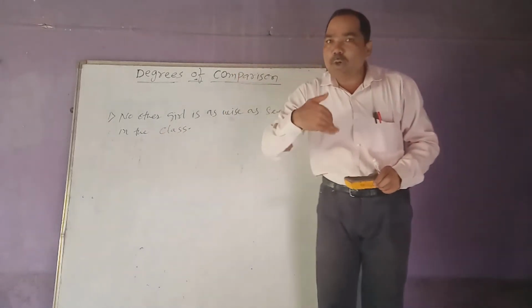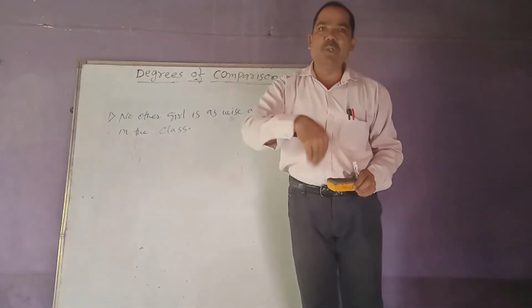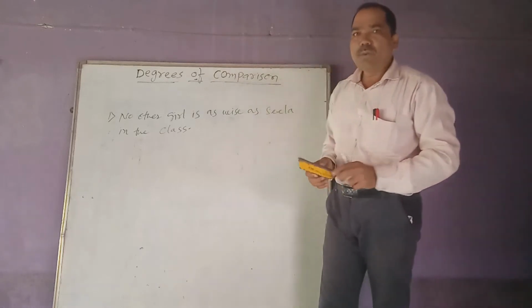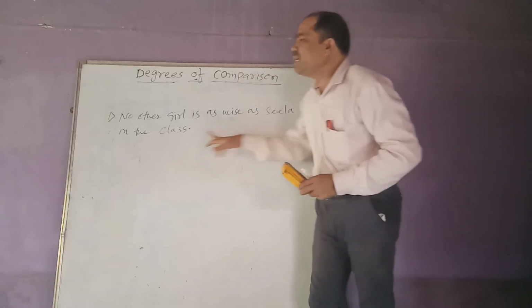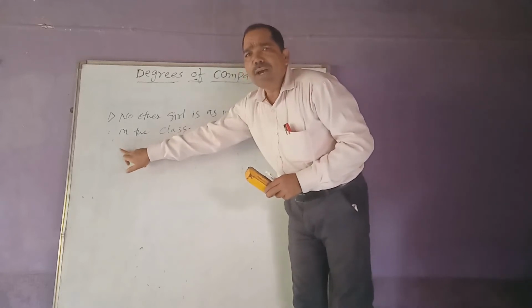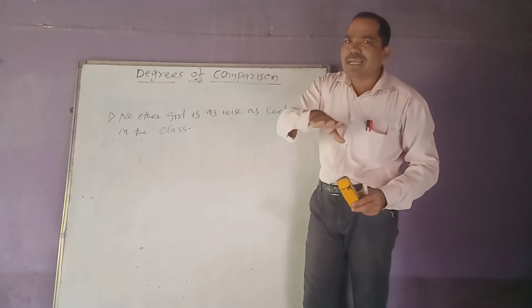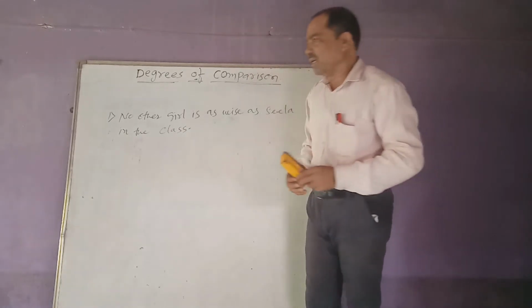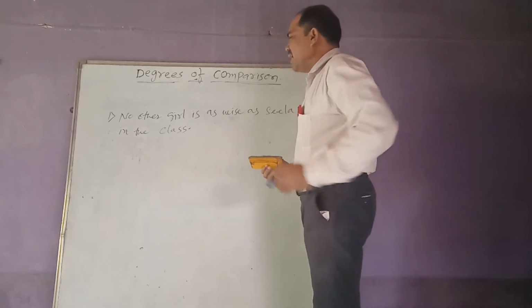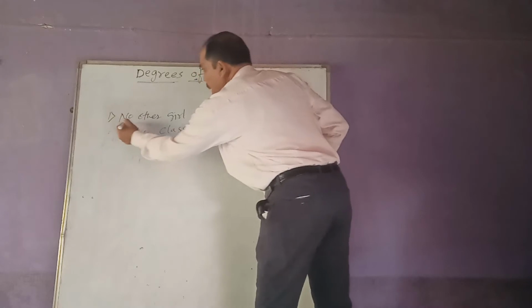Now, how to convert it into the comparative degree is very important. What one has to do is whatsoever the noun is there, it must be taken at the beginning. Whenever you convert the given positive degree into the comparative degree, first of all we have to take the noun, Sheila.